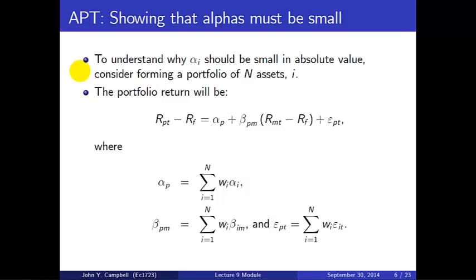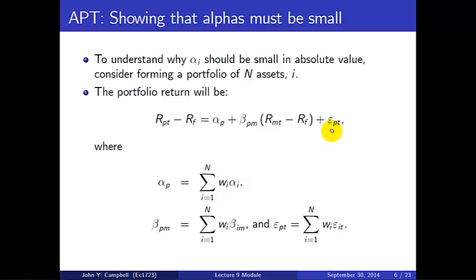Okay, so what we're going to do is consider forming a portfolio of n different assets which are indexed by this letter I. The portfolio return will have this same linear form as any individual asset return, except that instead of an alpha I, we have alpha P, and then we have beta PM, the beta of the portfolio, and finally the epsilon P, the residual risk of the portfolio.